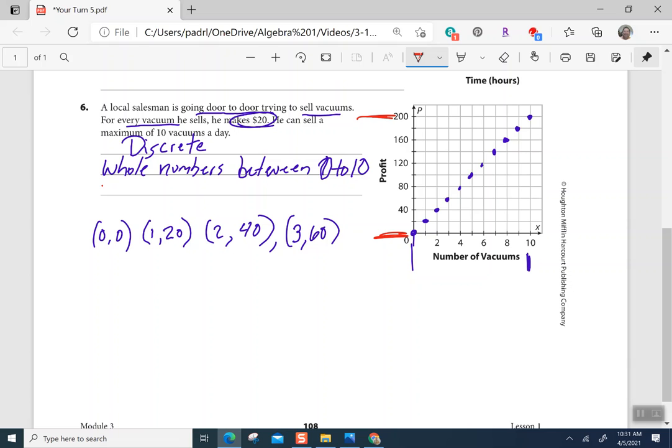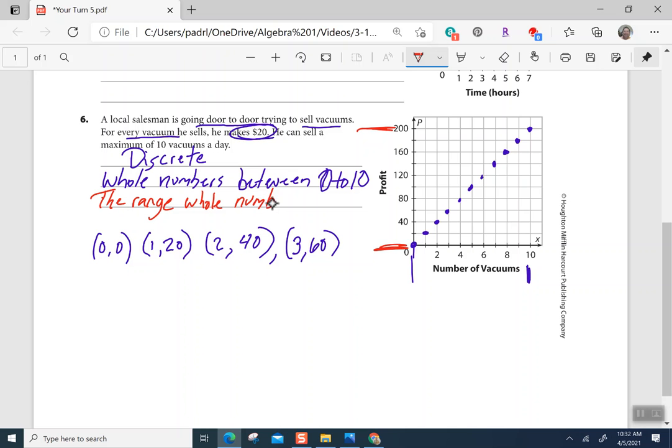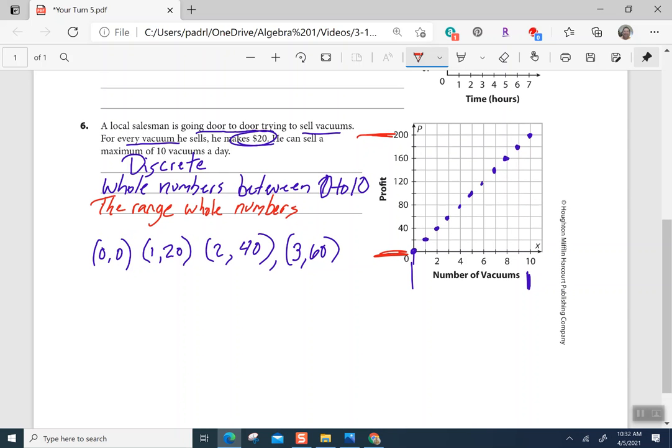So for my range, the range is going to be numbers, multiples of 20, and going from 0 to 200.